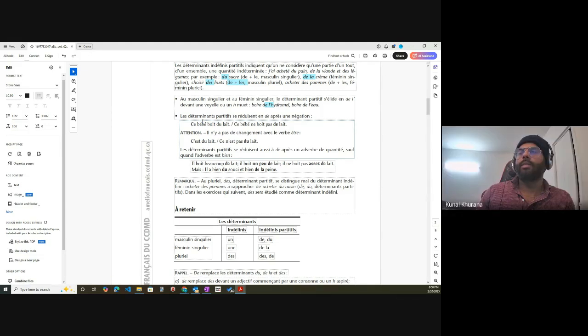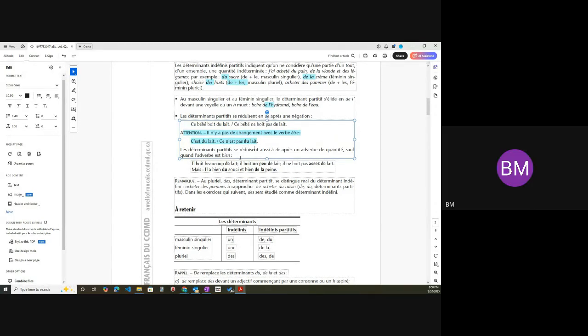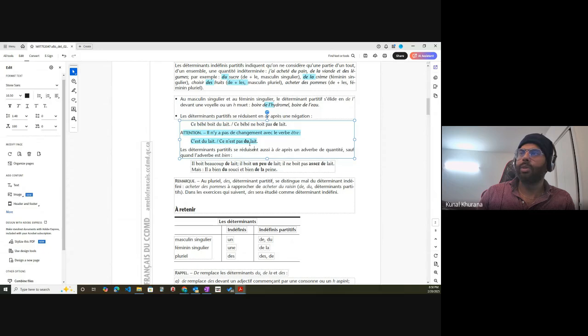Okay, so one most important thing that we learn here: if we have a verb être, then there is no change. Il n'y a pas de changement avec le verbe être. C'est du lait, ce n'est pas du lait. So with être, it remains du only. So it's an important example.